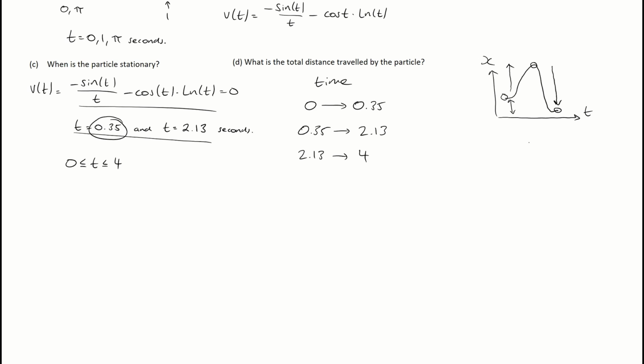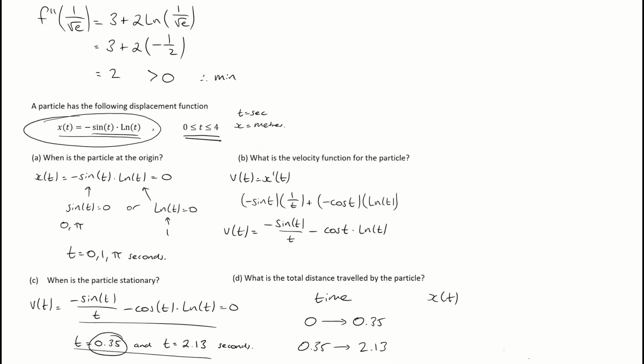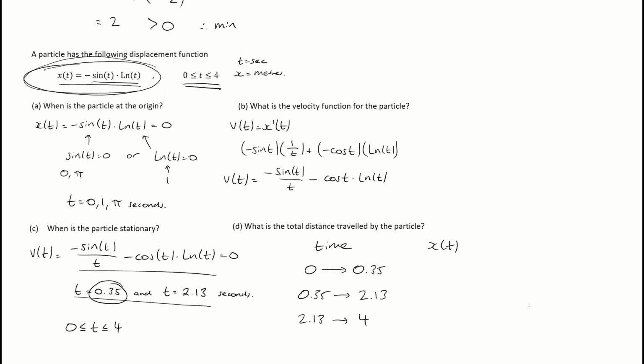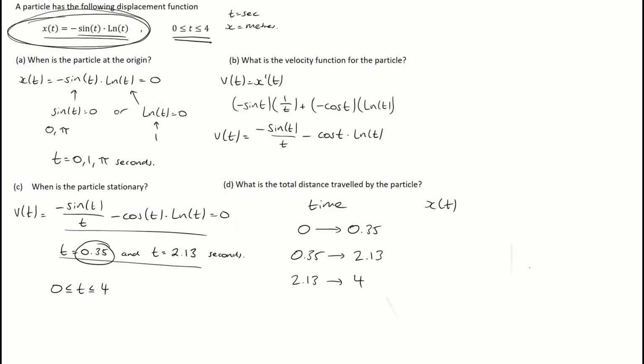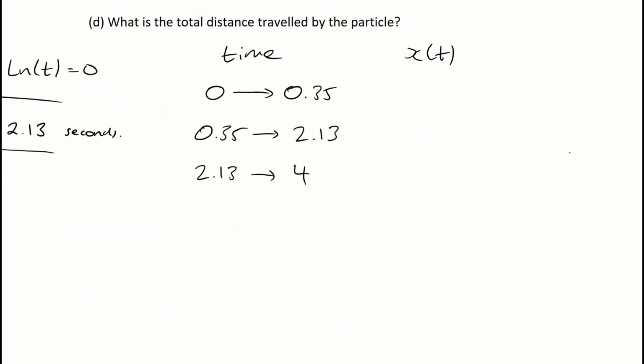Now, if we erase that little drawing, we want to look at the displacements at each of these times, so your x of t. Remember, your x of t function is stated up here as negative sine of t times the natural log of t. If we put in time as 0, we get 0. If we put in 0.35, we get 0.36.